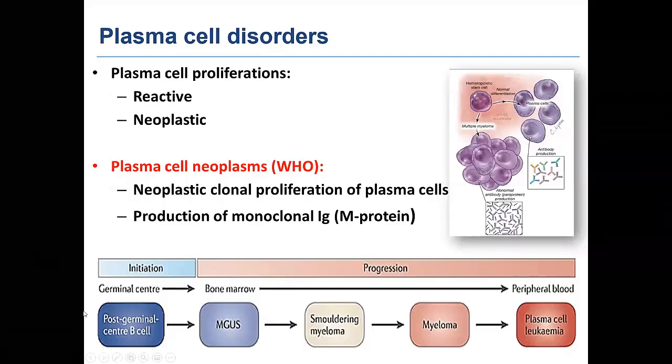Another thing is, the disease started from the germinal center of a lymphoid follicle, maybe in the lymph node. MGUS and smoldering myeloma we diagnose in the bone marrow. And then these plasma cells come into the peripheral blood. Once we see them in the peripheral blood, we label them as plasma cell leukemia.